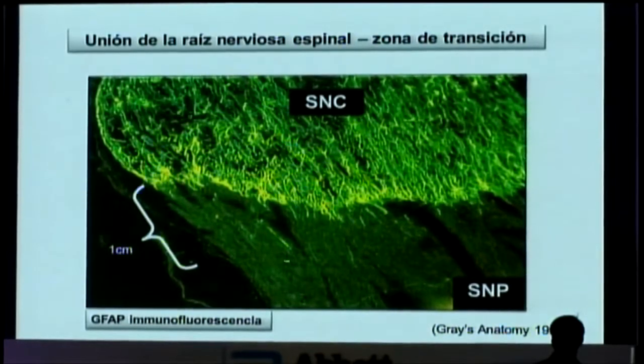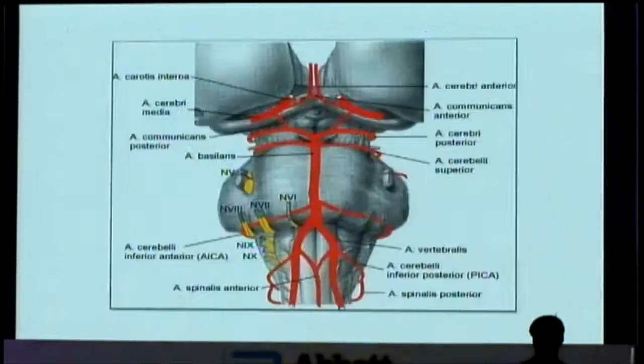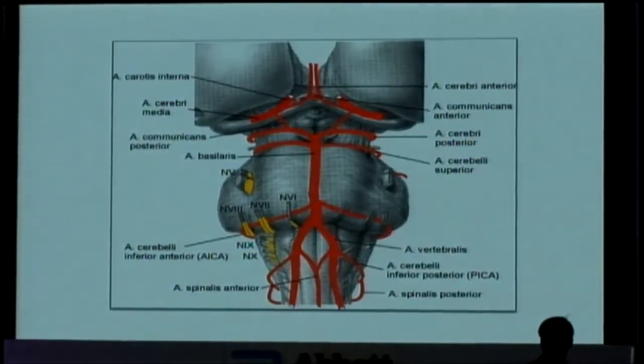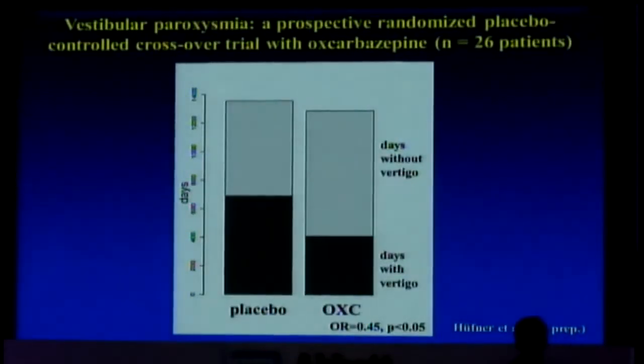Schwann cells are evidently robust against compression, whereas oligodendrocytes less. So if there's compression here, then you get symptoms. And here you see this for the different cranial nerves, and for the 8th cranial nerve it's about 5 to 50 millimeters, and this is the critical area which leads to vestibular paroxysmia.